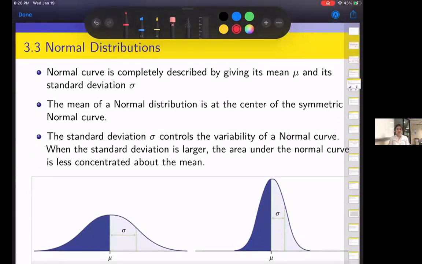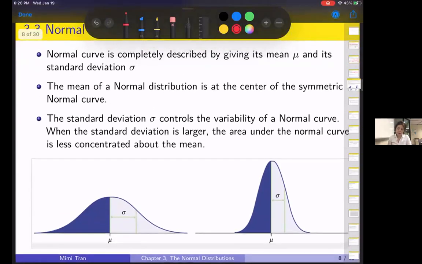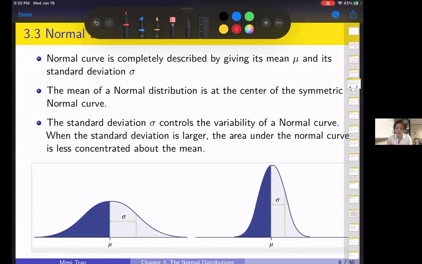Normal distributions. This is a very important distribution in statistics. A normal distribution, represented by the normal curve, is completely described by its mean mu and its standard deviation sigma. The reason you see a different notation here for the mean and standard deviation is that they talk about the population.